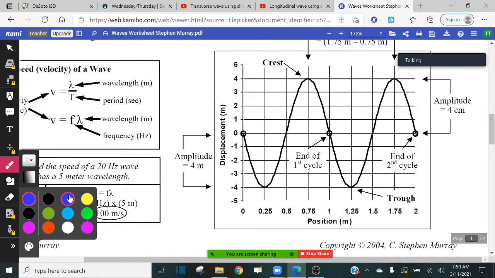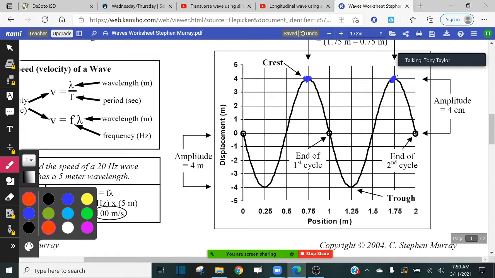Okay. So guys, anytime you look at a wave, the crest by definition is always the highest point on that wave. It's the maximum. So this point right here is referred to as a crest. This point right here is also referred to a crest. The trough, on the other hand, is the minimum point on the wave.